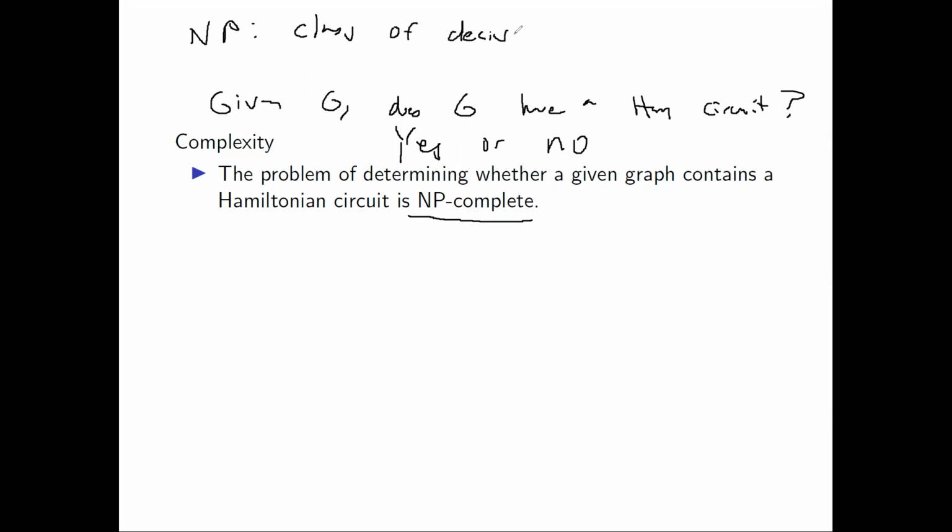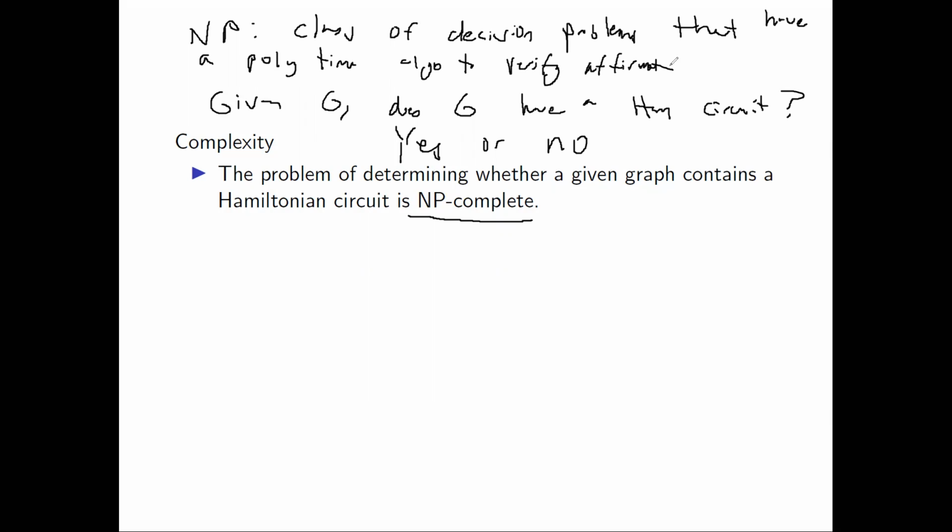Decision problems, these are problems where the answer is yes or no. Now, these are special decision problems with the property that they have a polynomial time algorithm to verify affirmative answers. What does that mean? Maybe that sounds like a bunch of gibberish. Let's go into that a bit. So a polynomial time algorithm to verify affirmative answers.